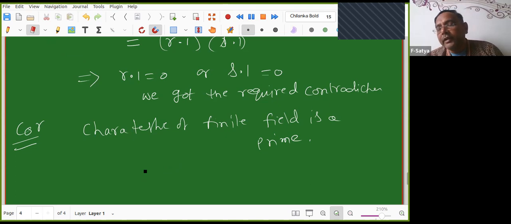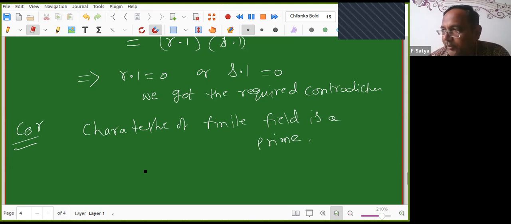In the finite field, first of all, a field is a group with respect to addition. So if the order of F equals n, then with respect to addition, order means how many times I add before it becomes 0. But by Lagrange theorem, the order of every element divides n, right?